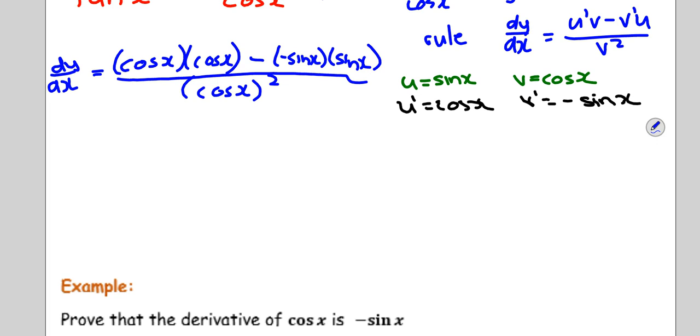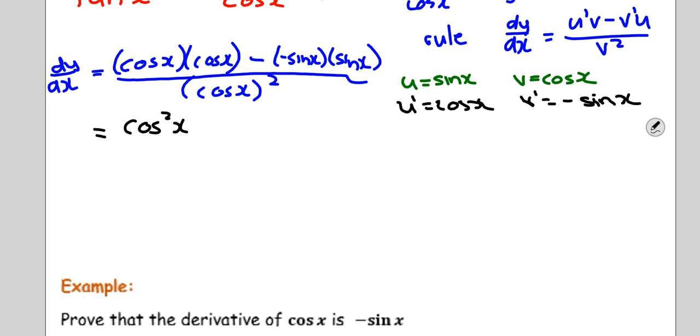You can go straight to writing cos squared. Is that second bracket negative? Yeah, and minus, because it's minus in the formula. And then notice it's negative sine x times sine x. So this first bracket there is negative sine x, the second one sine x. And then that step, when you work that one out, cos squared x.